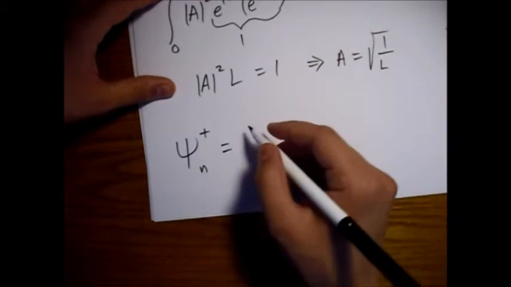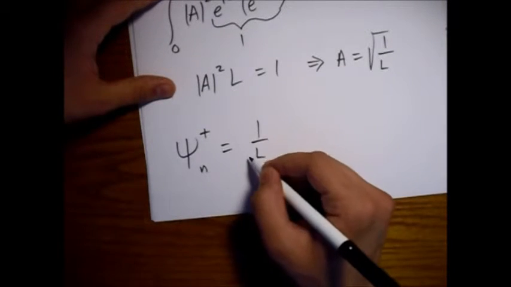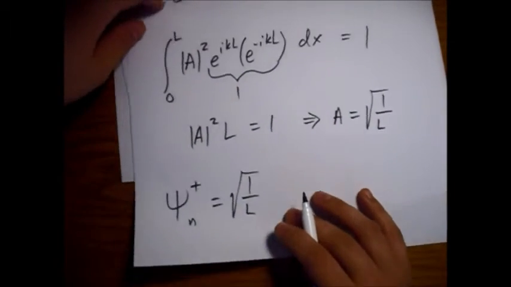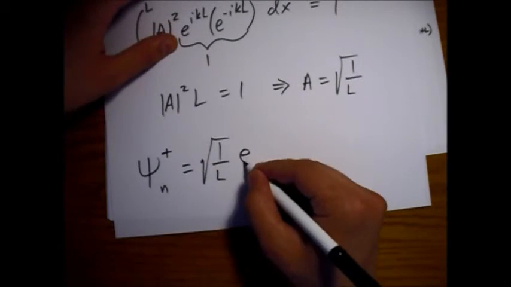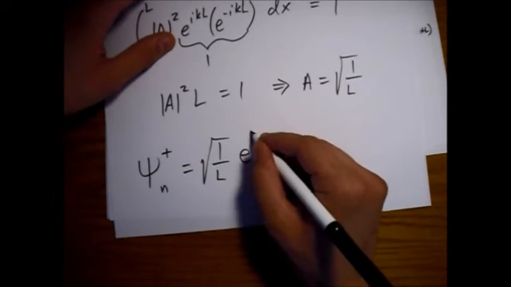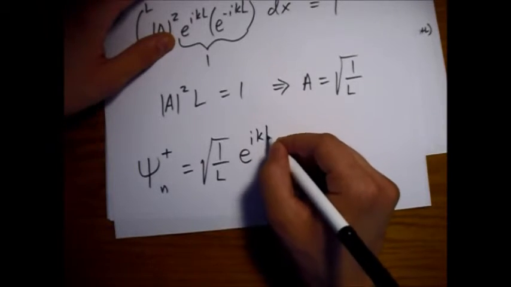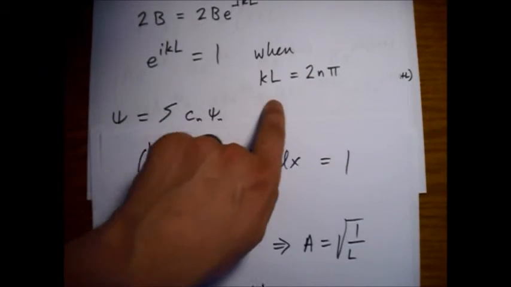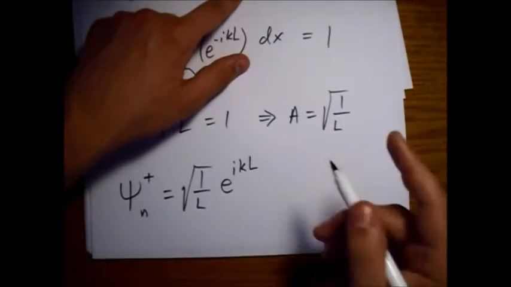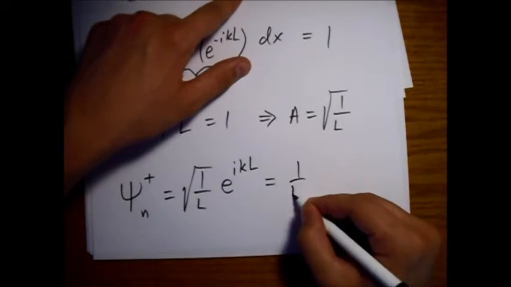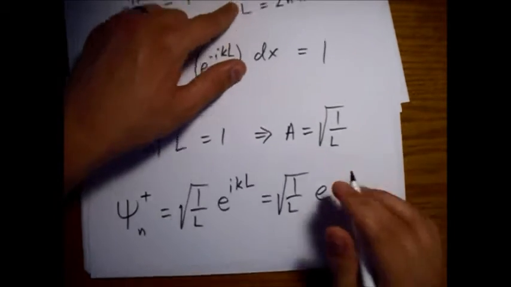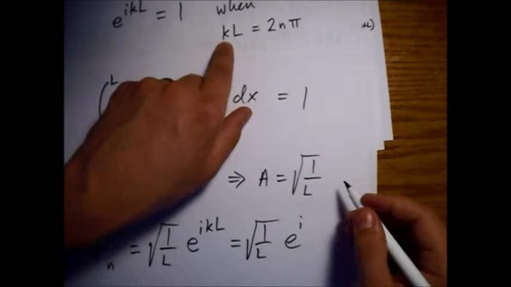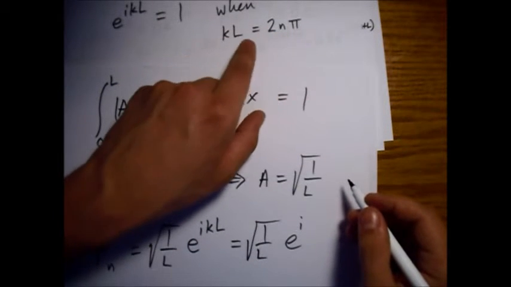All right, so put our 1 over L square root out front, and then e to the i k L. All right, and k, we solved for that, right? 1 over L, let's write this out again, e to the i. Okay, and then, so k is equal to 2n pi divided by L.